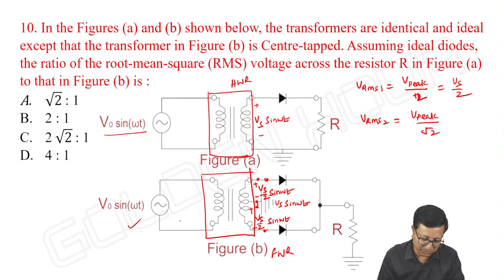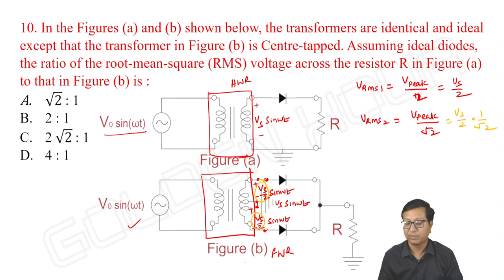What is the peak amplitude here? It is nothing but Vs by 2. Right, Vs by 2 into 1 by root 2. Then coming to the final answer, VRMS1 by VRMS2.